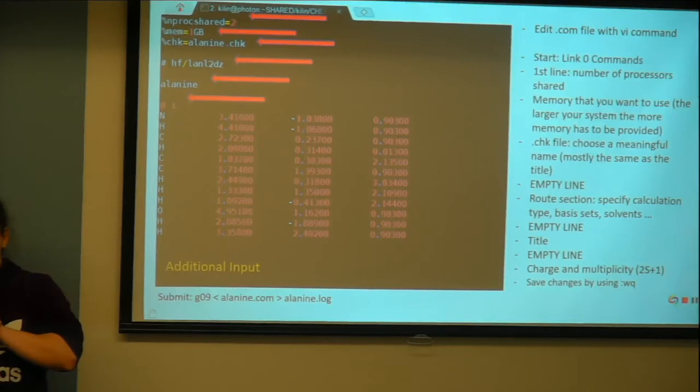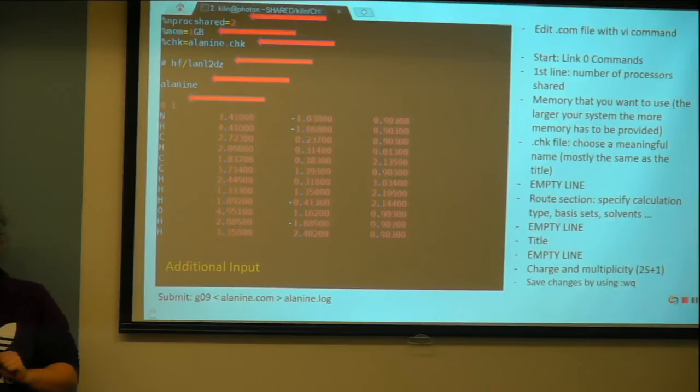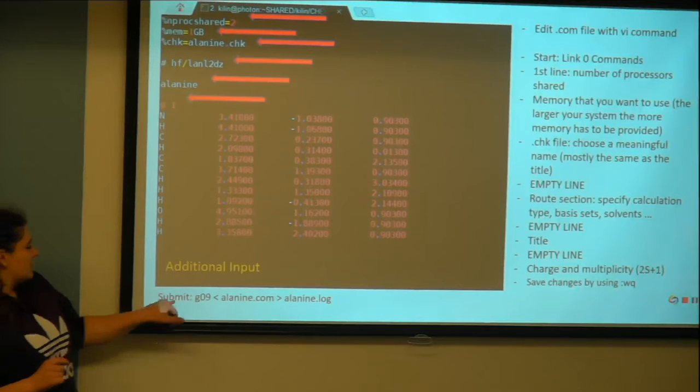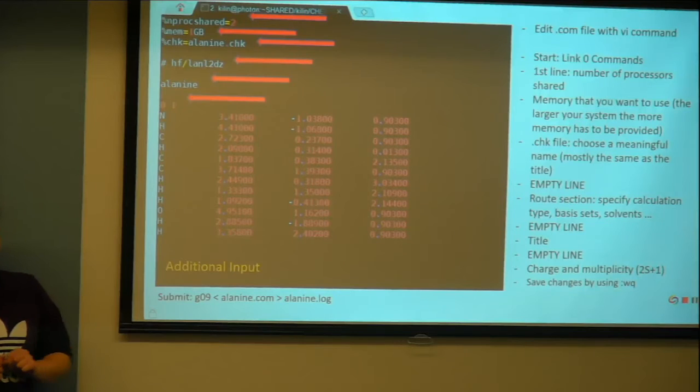And I cannot highlight this enough: you have to have empty lines at the very bottom of your input file. There have to be empty lines. When you have modified the file, you save it by using :wq, write and quit, when you exit the file. Otherwise, you won't save it. And then you can submit it with our known command.